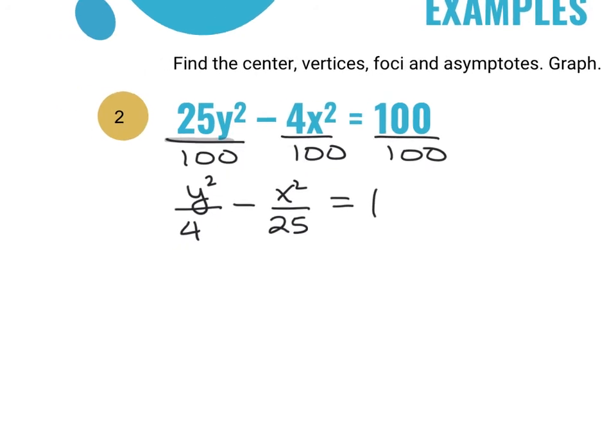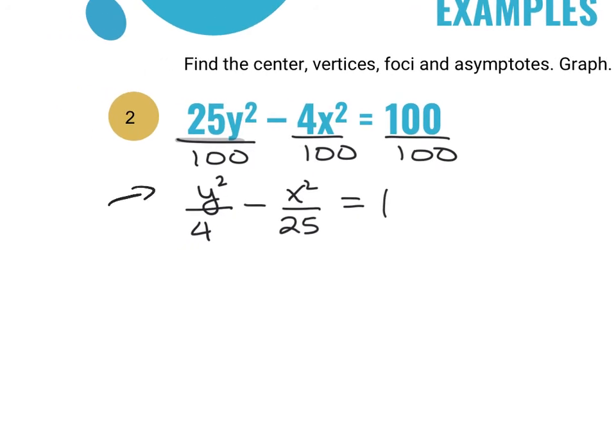Notice the first variable I'm seeing. This tells me it's going to touch the y-axis. So I know my graph is going to look like the U or the upside down U.